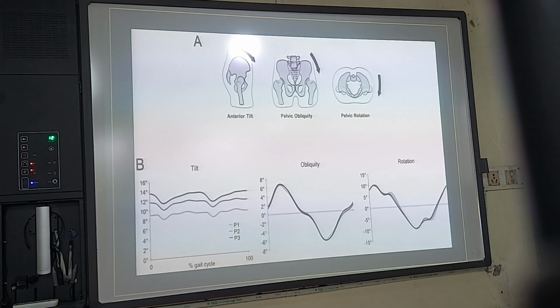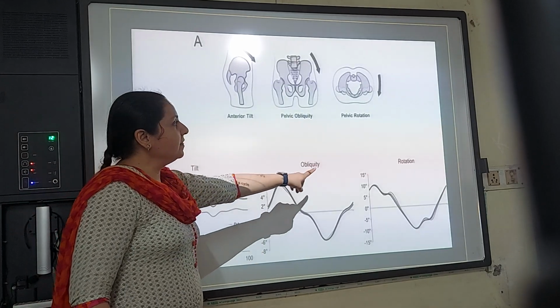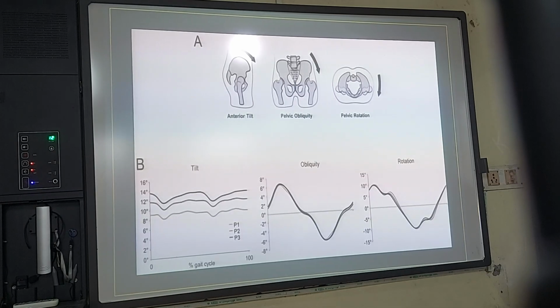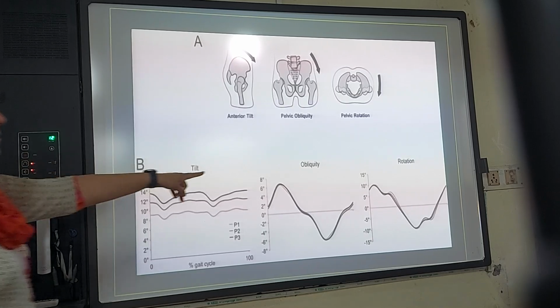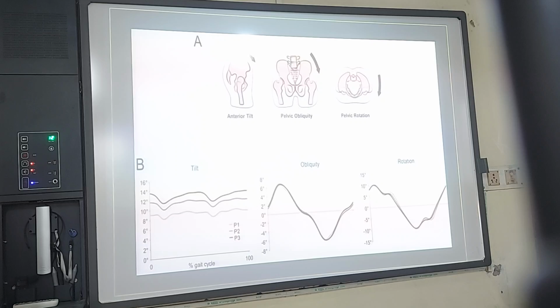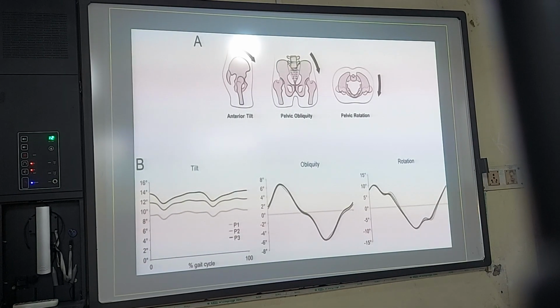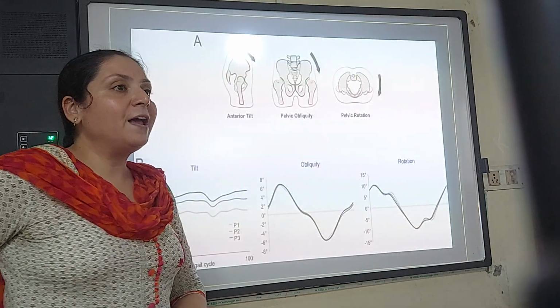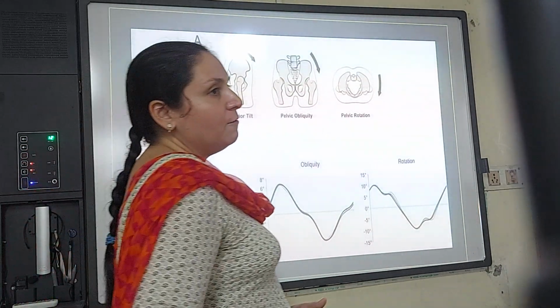One is showing the anterior to posterior tilt. One is showing the pelvic obliquity and the last is showing the pelvic rotation, that is forward and backward movement. Can you see the graph in it? Wherever there is a rotation, why is there a height here? Because as soon as you heel strike, what is happening here? There is already a forward movement of the pelvis.